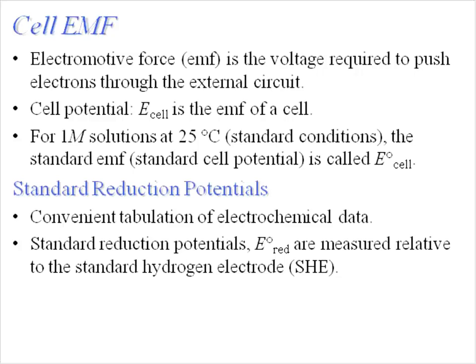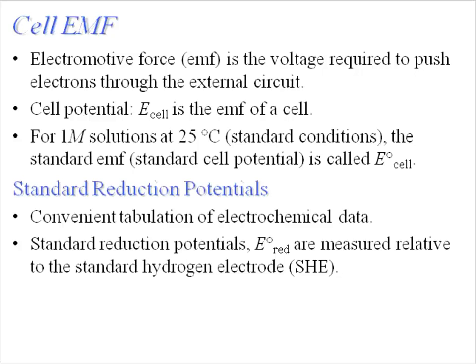Now potential difference is fine. Potential difference across 2 electrodes is fine. But we also want to talk about potential. What is the potential of right side electrode? What is the potential of the left side electrode?